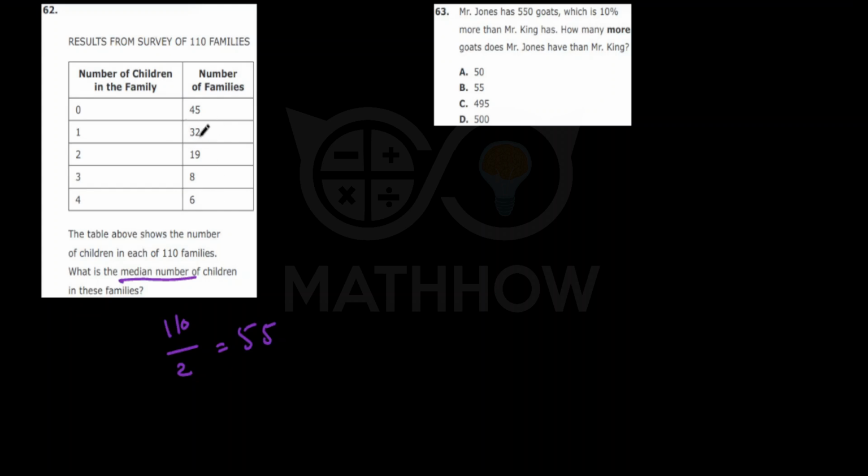So that means the median is the 55th family. So 45 and 32, if we add these together, will become 77. That means the 55th or 56th family lies in the families which have one child. So the median is 1. This is the answer of this question.